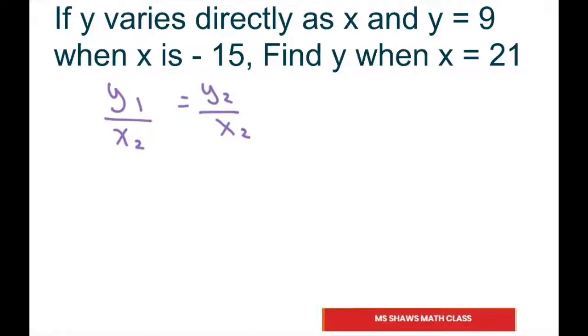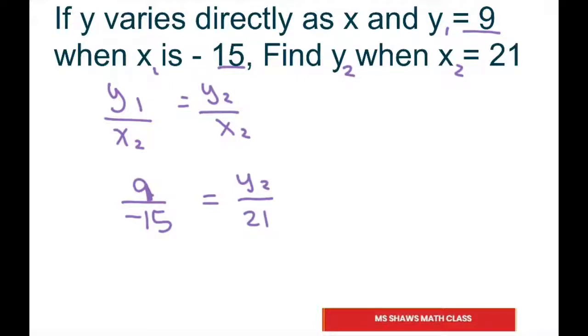Our 1's are going to be what they gave us, our 9 and negative 15. So we're going to write 9 over negative 15 equals, and we're trying to find our second y, so that's y sub 2 over x sub 2, which is 21.